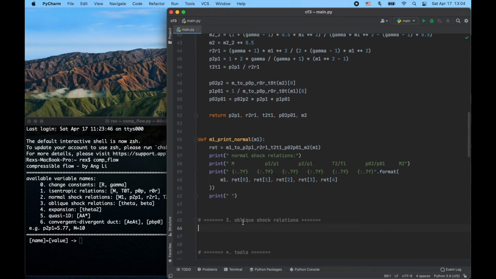There's only one equation that is the core of everything about oblique shock, that is the Mach number, theta, and beta relation. So here we have defined, given M1 and beta, we can have what is theta.